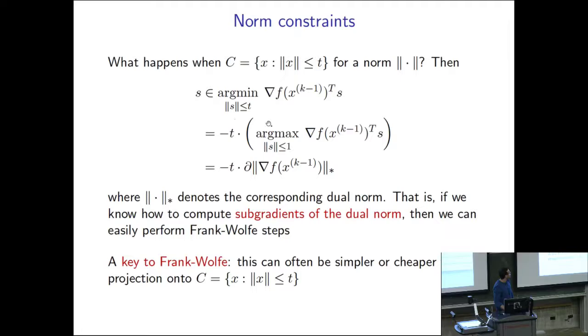So remember, by definition, s minimizes the gradient transpose s subject to all points s that are in the set C, but that's, for us just now, the norm of s less than or equal to t.